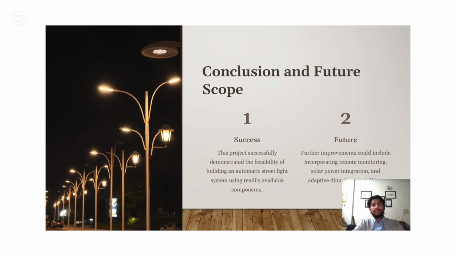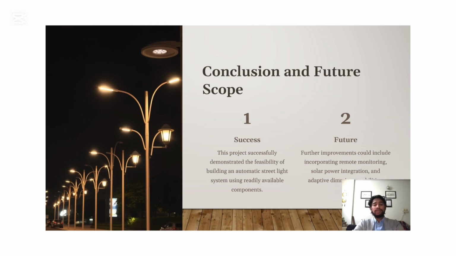Looking ahead, there are many possibilities for enhancing the system, including integration with solar power. Adding solar panels can make the system entirely energy independent. Smart sensors: using a motion sensor to detect movement and turn on lights only when necessary.